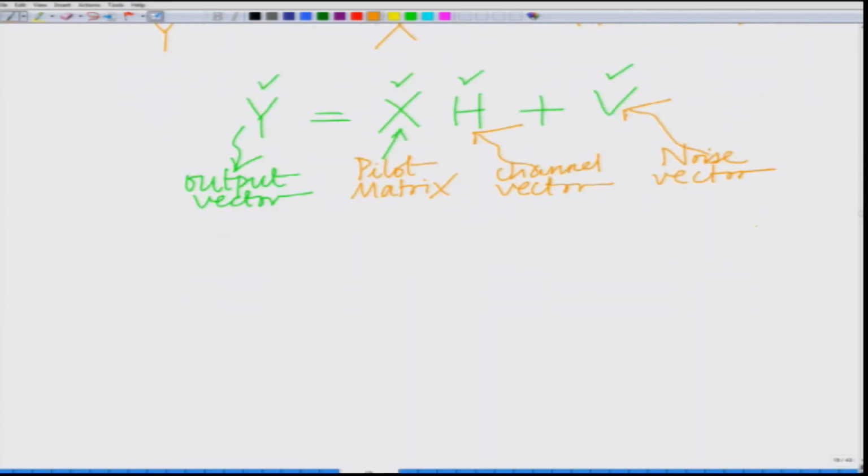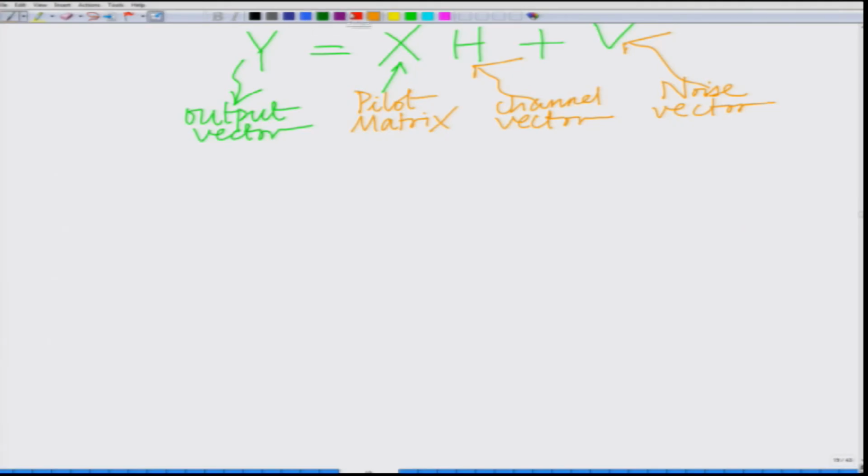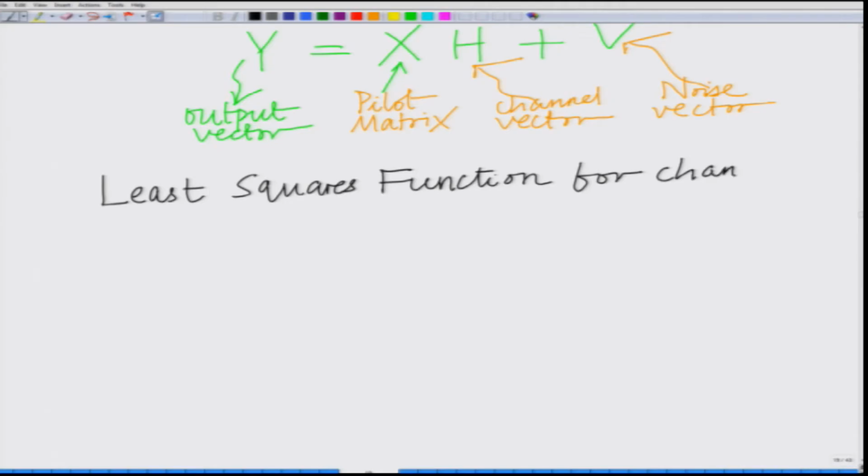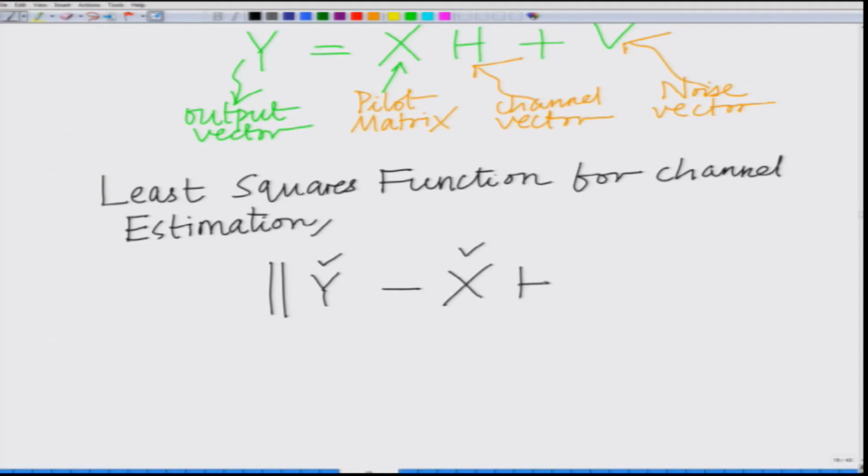Therefore, the least squares function, now at this point again this is something you should be familiar with, least squares function for channel estimation, that is your Y check minus X check H check whole square.